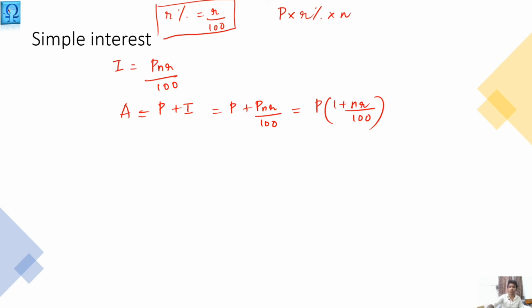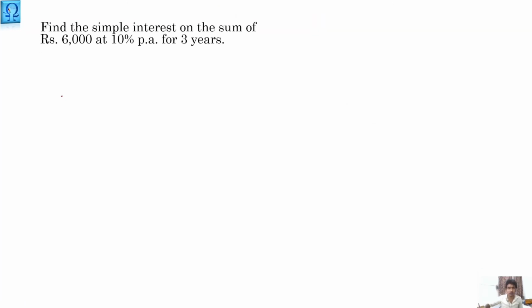Now let us get into the problems. We'll start with simple problems and then get into some practical situations where we make use of these things. The first problem that we are going to do is this one. We are asked to calculate the simple interest on the sum of rupees 6,000, which means the given principal value is rupees 6,000, the rate of interest is 10% per annum and the number of years is 3 years.